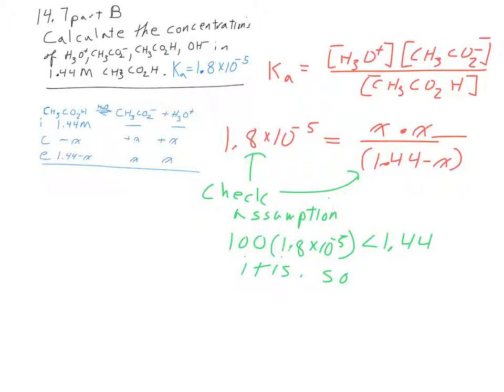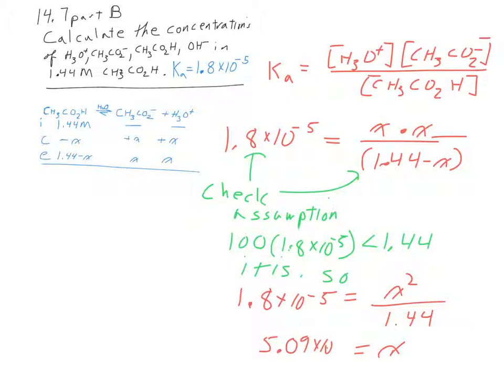So I can rewrite my equilibrium expression now much easier. 1.8 times 10 to the negative fifth simply equals x squared over 1.44, which means that I have an x value of the square root of 1.8 times 10 to the negative 5 times 1.44, 5.09 times 10 to the negative third molarity is my x value.